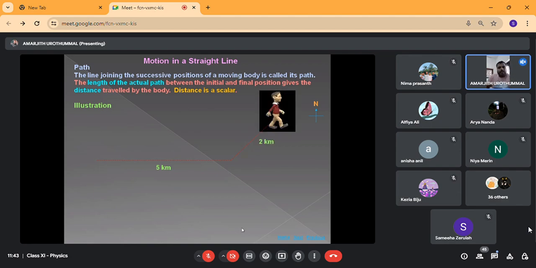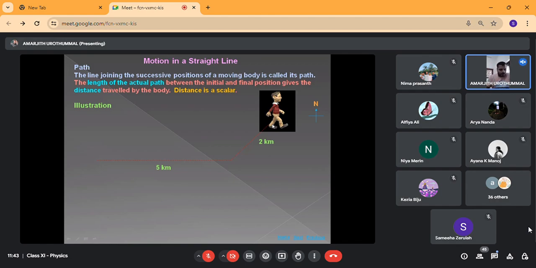How much did he travel totally? 7 kilometers. So are you able to see his path? Starting from here, he is going 5 kilometers, then 2 kilometers.